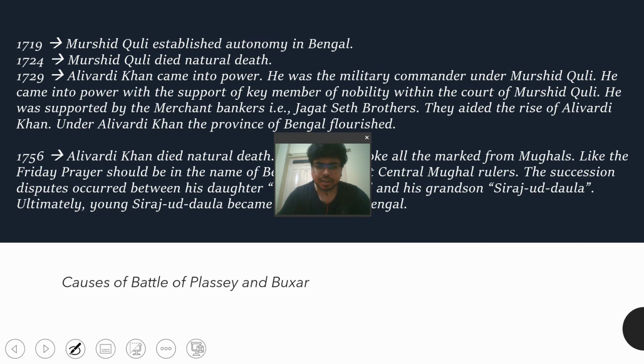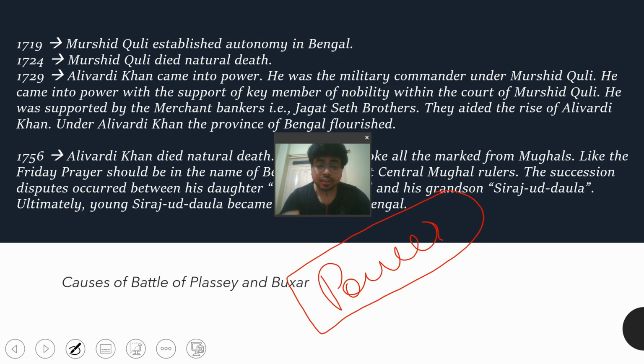As I said in the previous lecture, after the death of Aurangzeb the power in the Mughal Empire was lying with the nobles. In the nobility there were three factions: the Turani faction, the Hindustani faction, and one more faction.